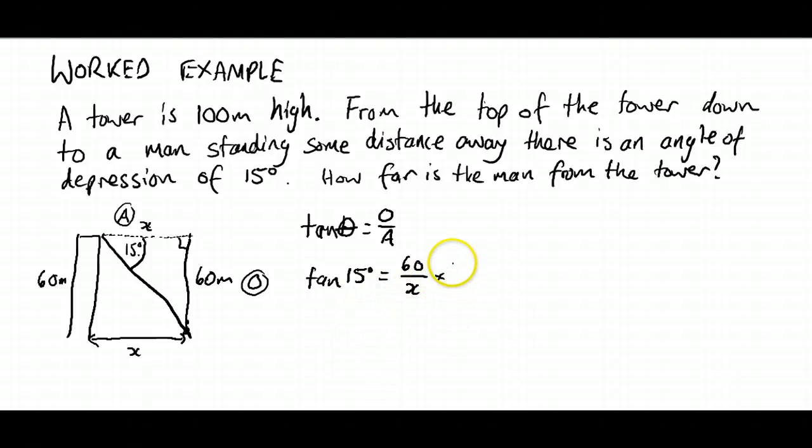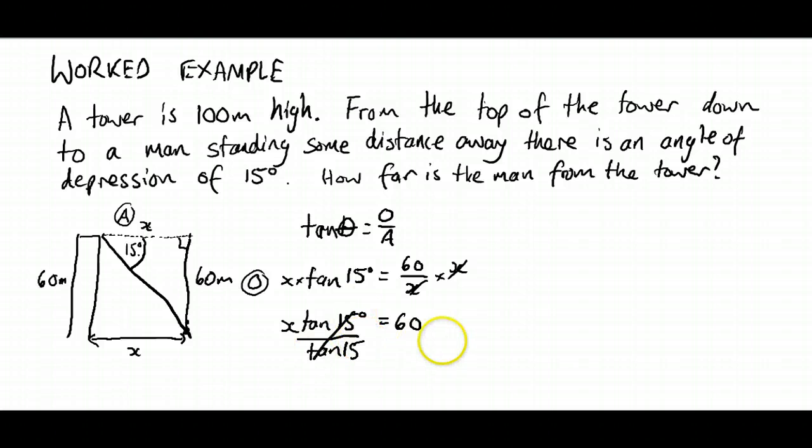To solve for x, we've got to get x on its own, so multiply both sides by x. Then we've got x tan 15 degrees equals 60. Then divide both sides by tan of 15 degrees, and x equals 60 divided by tan 15 degrees.